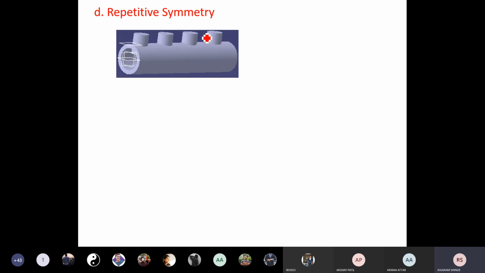You can model only a representative or single part, and that you can use as a solution. You can see here, this part you can model, that is meshing of this part, and solution over this part is sufficient to analyze the complete behavior of the domain. Okay, this is known as repetitive symmetry.